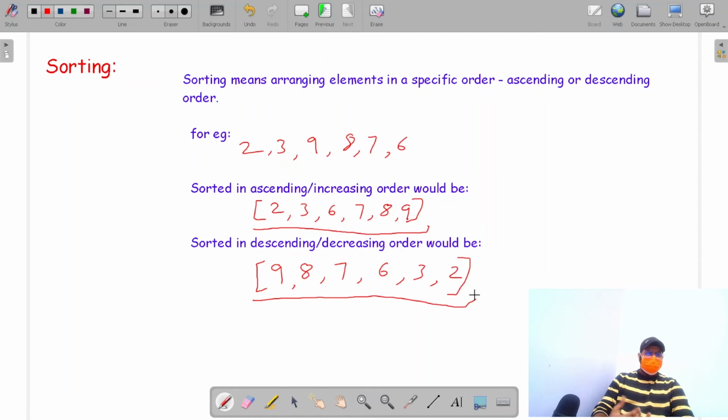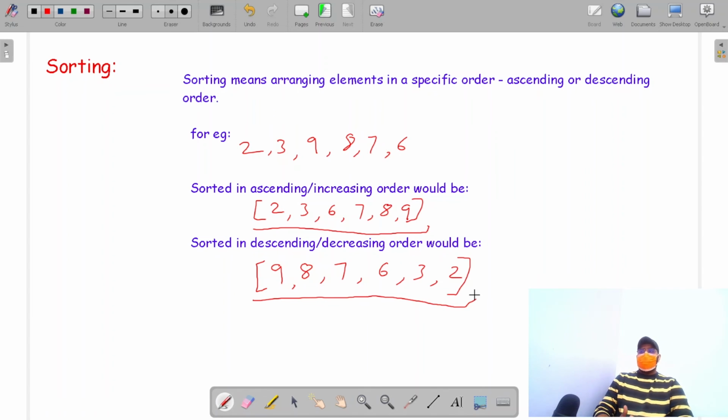If you're eager to learn more about those, there are a lot of online platforms where you can learn different kinds of sorting techniques, like selection sort. If you want in-depth knowledge, you can search on Google and you'll find various online platforms where you could learn about it.